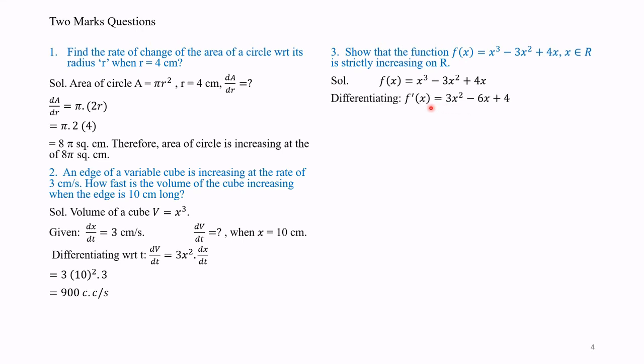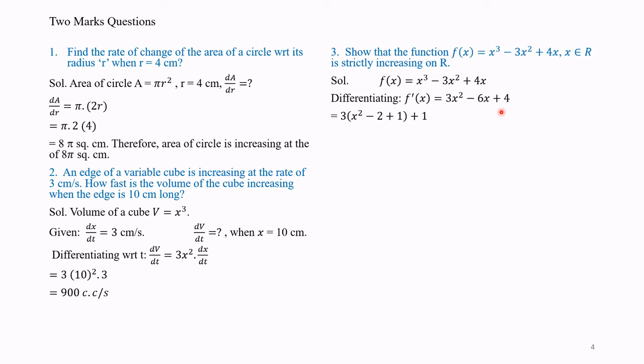Now we have to differentiate it. After differentiation, f dash x equals 3x squared minus 6x plus 4, that is 3 into 2x, which is 6x.